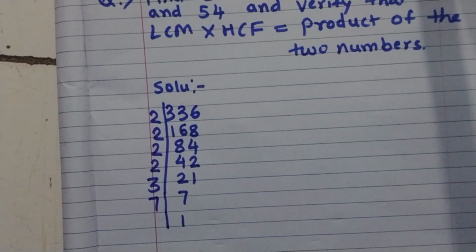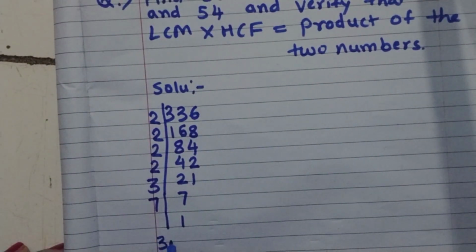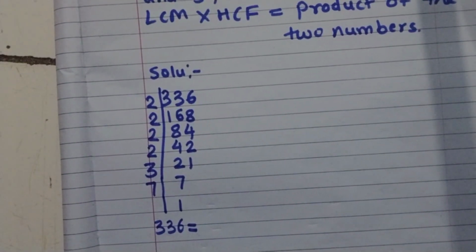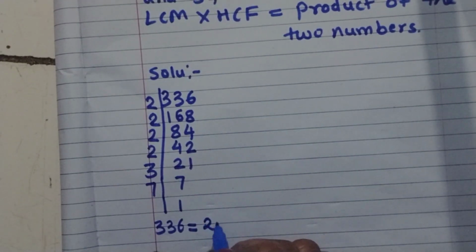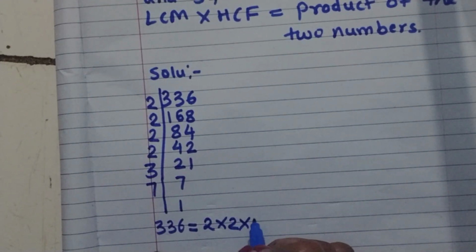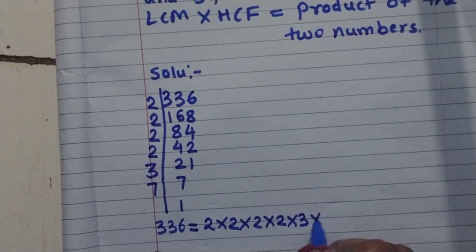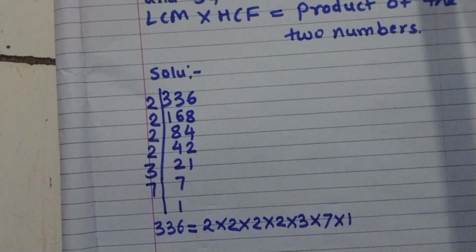We write 1 below 7. Now we write 336 as product of its prime factors. So 336 is equal to 2 multiplied by 2 multiplied by 2 multiplied by 2 multiplied by 3 multiplied by 7 multiplied by 1.